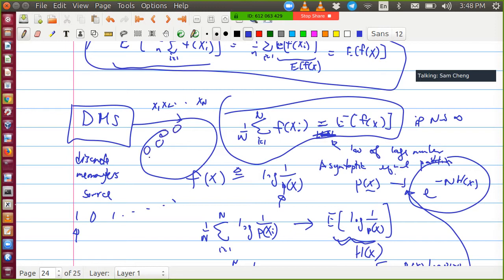I don't know, it may be a weird drawing, but what I mean is that this part is basically the probability of a particular sequence, where the sequence lies, and the size of that corresponds to the probability of that sequence. And so the entire space here will sum up to 1.